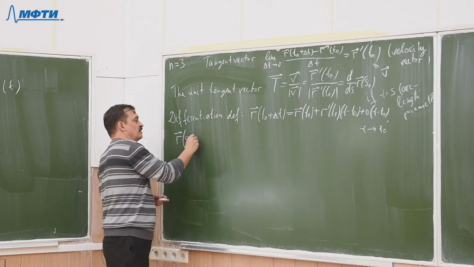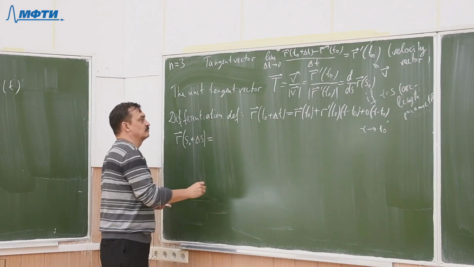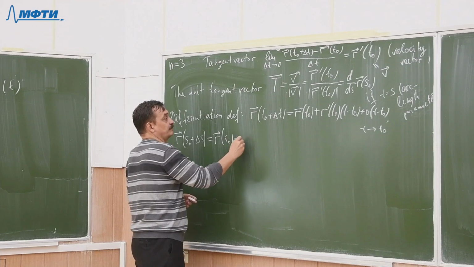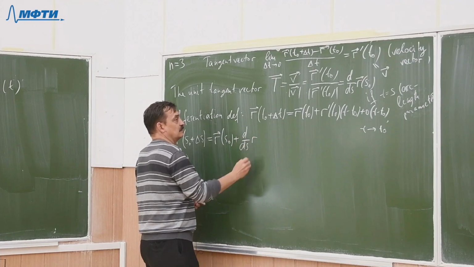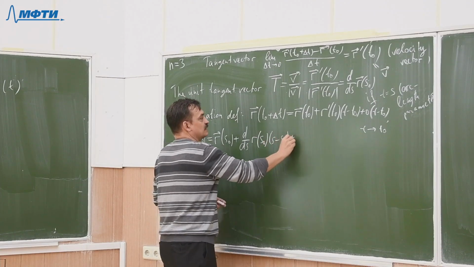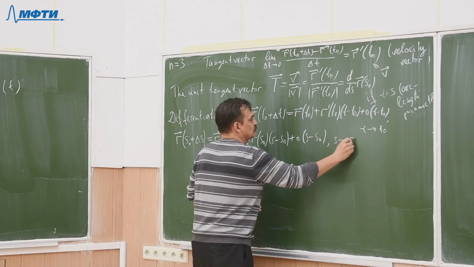So for arc length parameter, I'll rewrite it as follows: r at s naught plus d over ds of r at s naught times (s minus s naught) plus little o of (s minus s naught) as s tends to s naught.